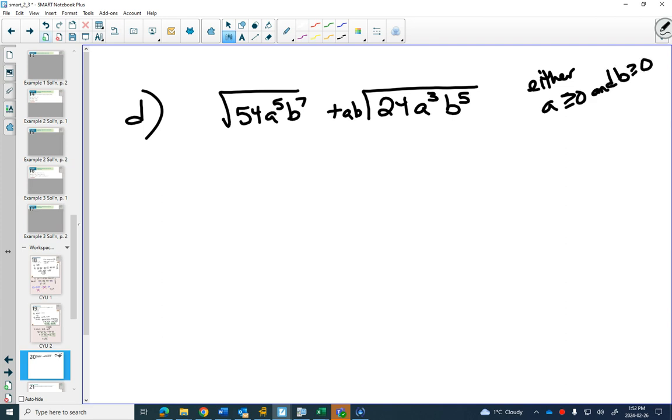Either both of them have to be positive, or both of them have to be negative. Does that make sense?